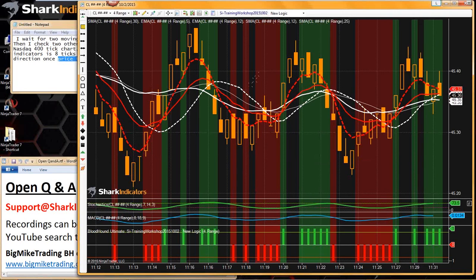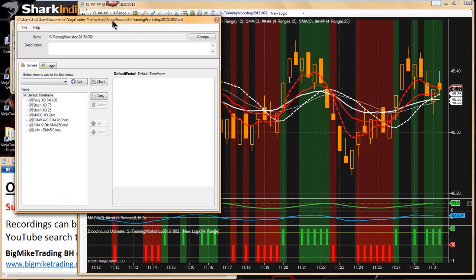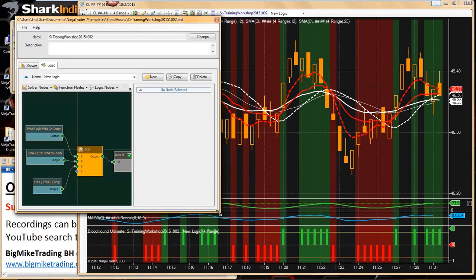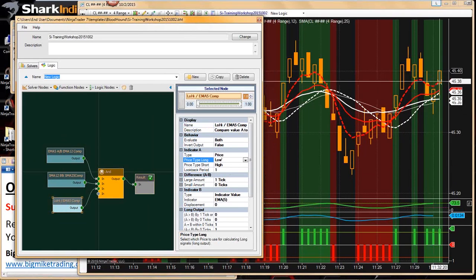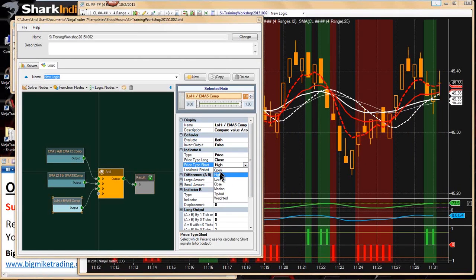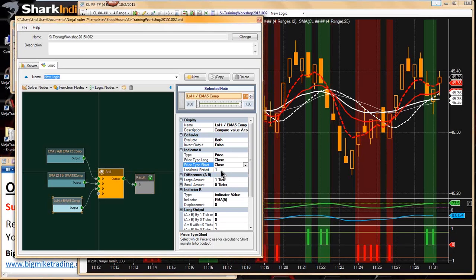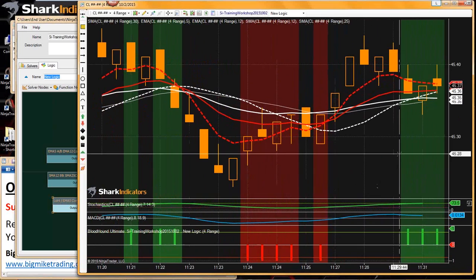Actually, you might want to make a little tweak to the system. It kind of depends on how you want to see your signals, but see, if I use the low price, the signal is going to stay there. If I switch to the closing price, then we're only going to get a signal on this bar when price actually comes down below that EMA.